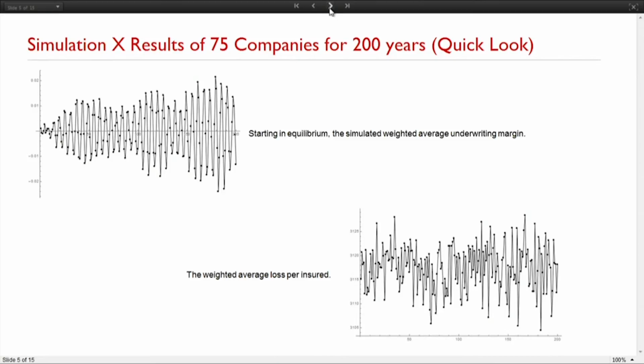Every company starts off in equilibrium. What I do is I give every company 100,000 customers, and then they know their expected loss, and then I just give them a surplus that'll match their equilibrium, that'll match their target. You can see that the average loss per insured is on the other graph, and that's very random and not cyclical at all.